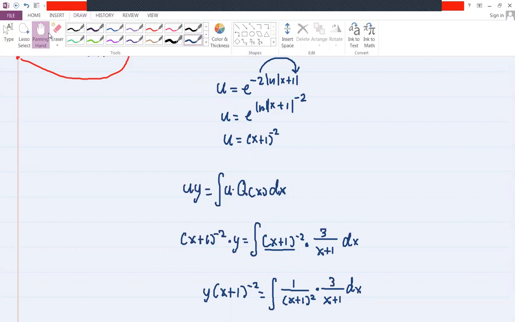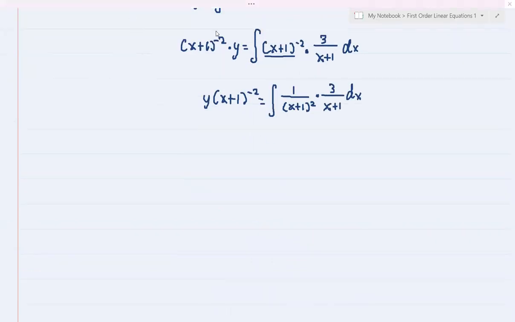Then, what I can do next is multiply 1 over the square of x plus 1 and 3 all over x plus 1.